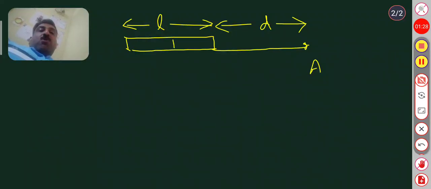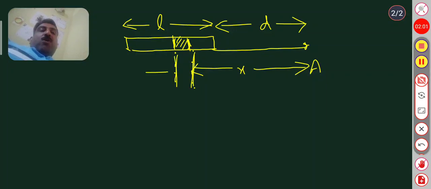So I'm going to take a small segment of this rod, at a distance x from this point A. The thickness of this small segment I can take as dx.